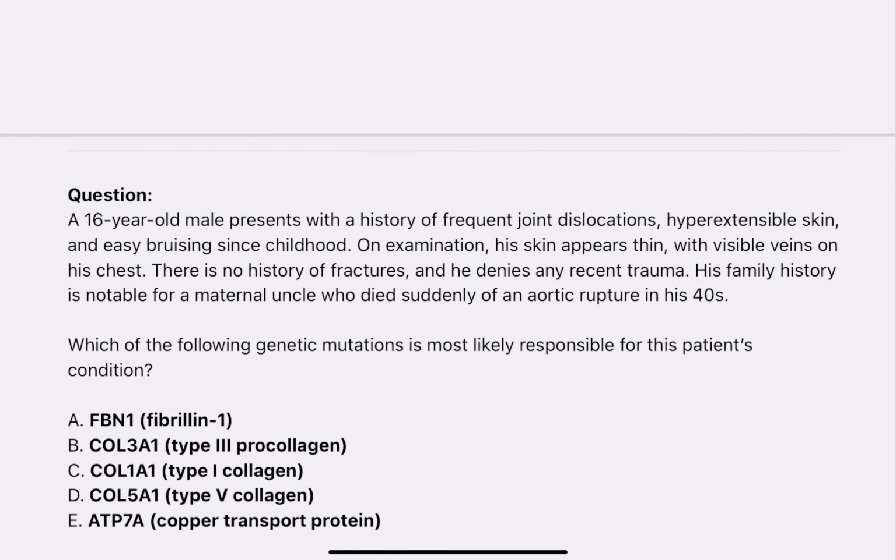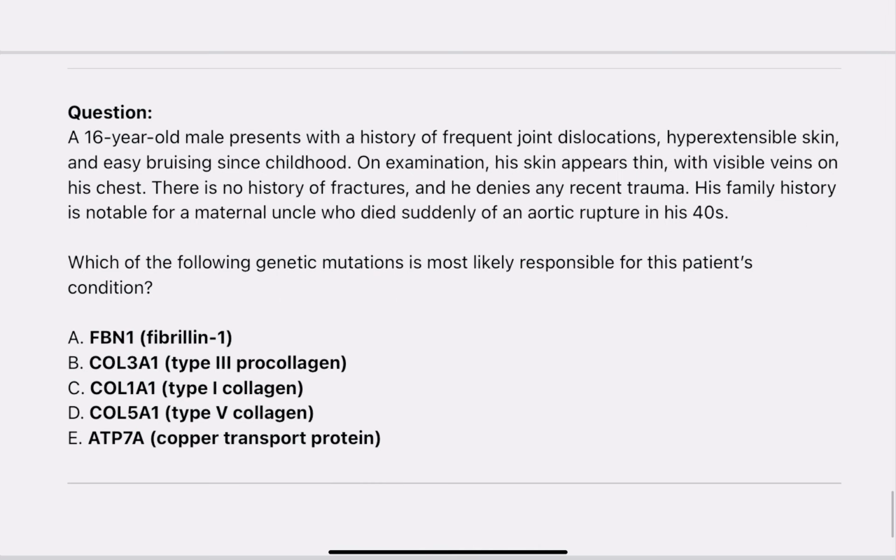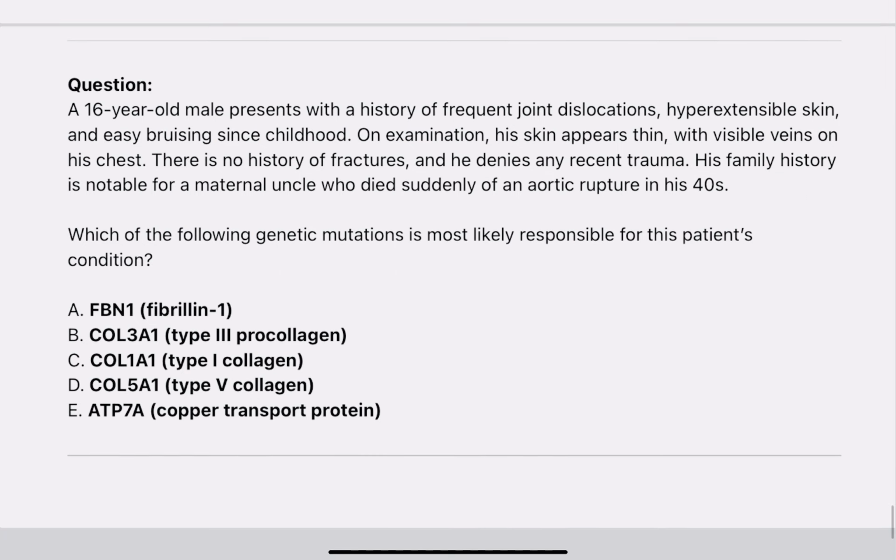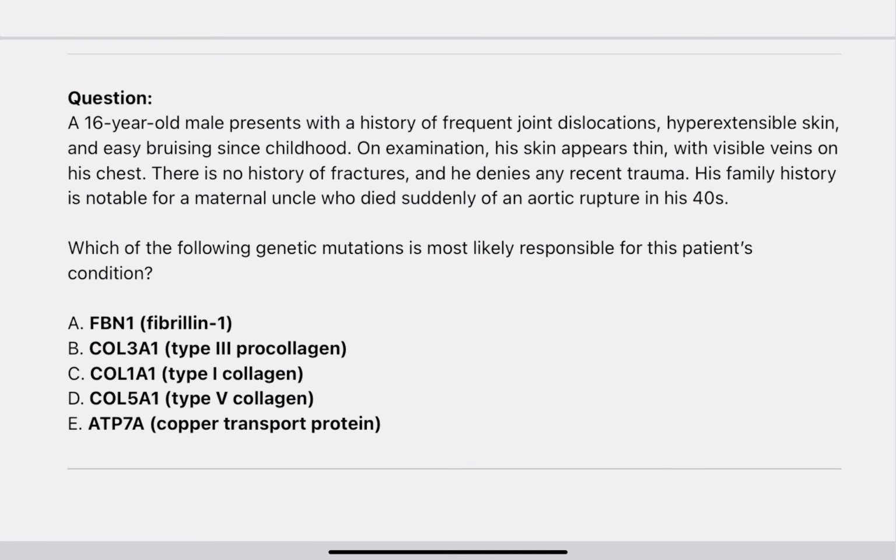There's no history of fracture or any recent trauma. Family history is notable for a maternal uncle who died suddenly of an aortic rupture in his 40s. Which of the following genetic mutations is most likely responsible for this patient's condition? So if you're saying COL3A1, type 3 procollagen, I think you're right. And that means you've understood whatever we've spoken about today.